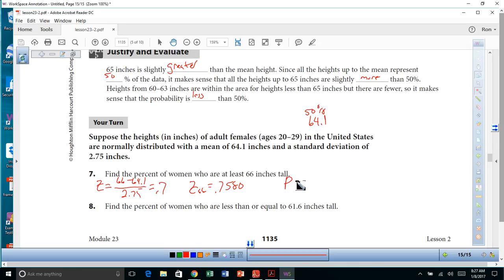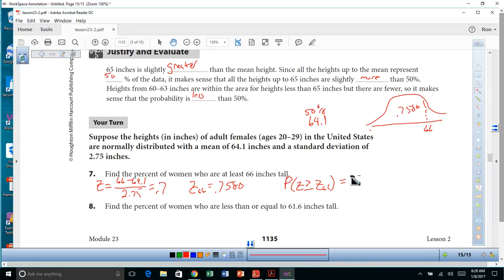So we're going to find the probability that Z is greater than or equal to Z of 66. If you draw your curve here, that's right there. That is 0.7580, and we'll say it's 66. That's all of that area.